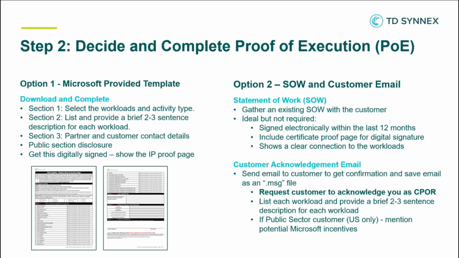Don't worry about how old it is or whether it was digitally signed, because then you're going to get this customer acknowledgement email. You're going to send an email to the customer to get confirmation, and then you will save that email as an MSG file. You're basically going to request the customer to acknowledge you as CPOR. You will list each workload and provide a brief 2 to 3 sentence description for each workload.